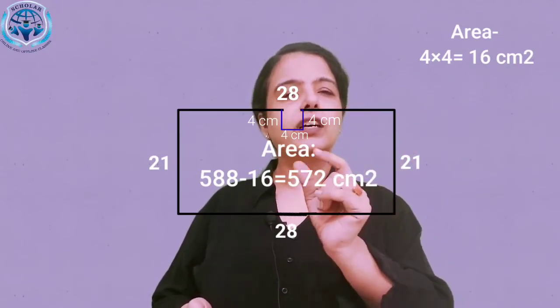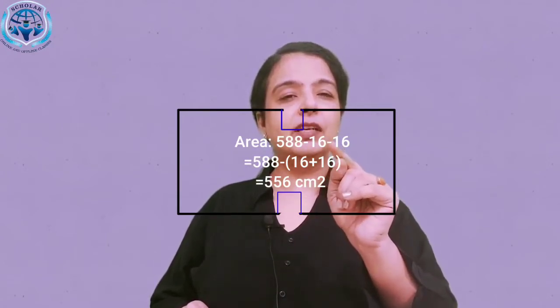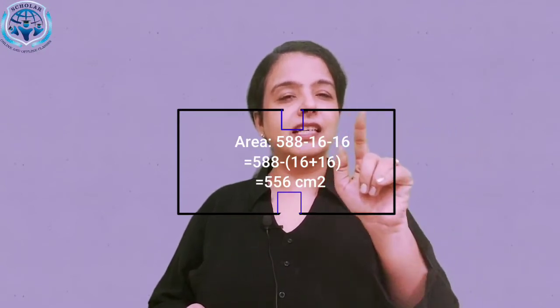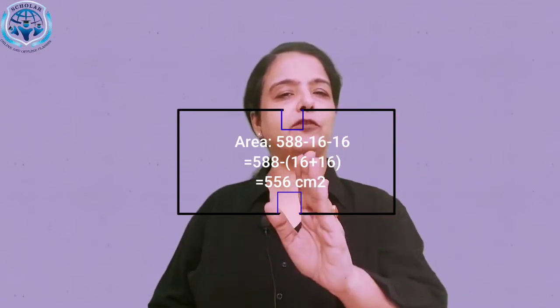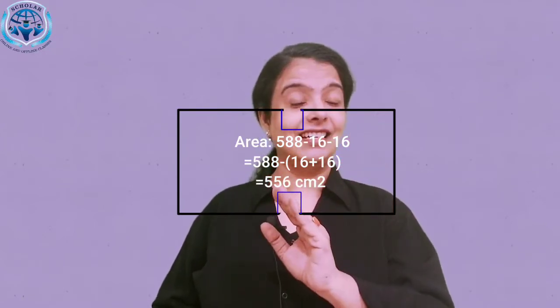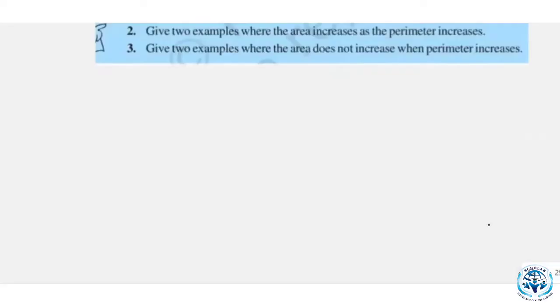If Tanya removed another square, the remaining area will be 588 minus 16 minus 16. That means 16 plus 16 will be subtracted from 588 to get the final area of the rectangle. This proves that it is not necessary that if the perimeter is increasing, the area will increase. It may decrease. Let's move to find the solutions of the problems given in your textbook.